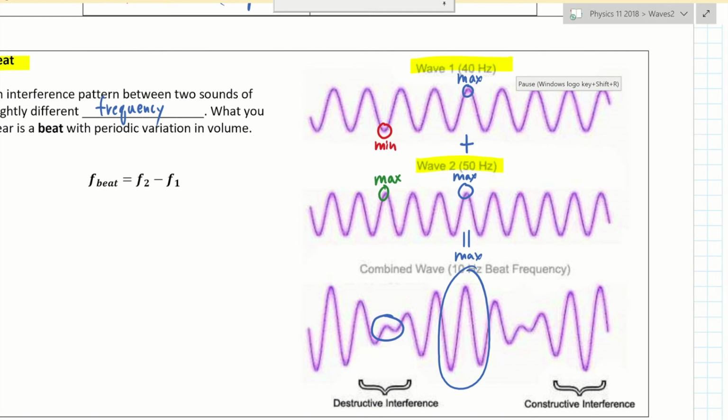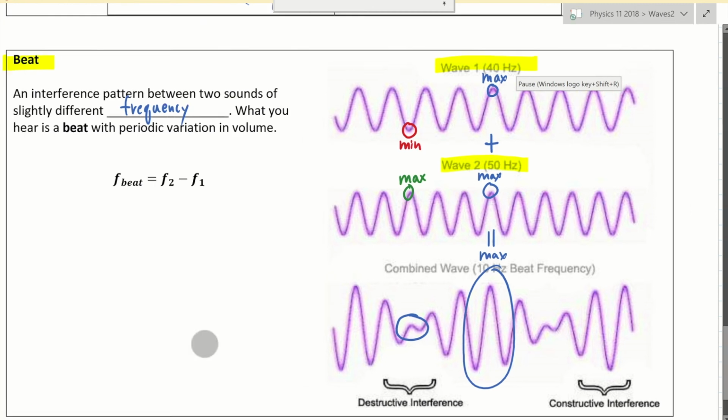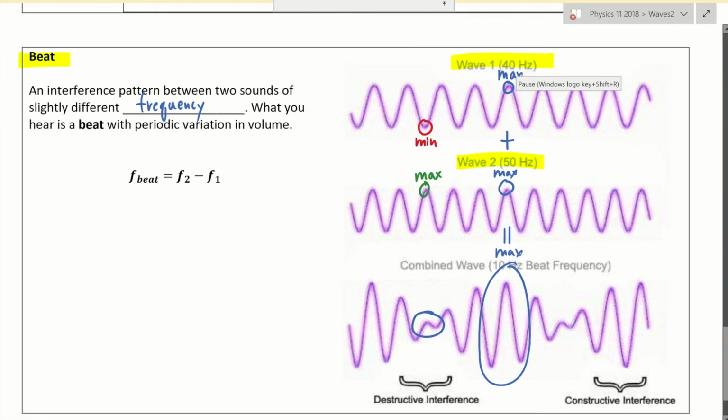When the two waves happen to be adding maximum to minimum, then the wave sounds really soft. So instead of hearing the wee and the wee continuously, you will hear wee wee wee wee, and that is called a beat. Okay, so I'll try to see if we can find something to replicate that.